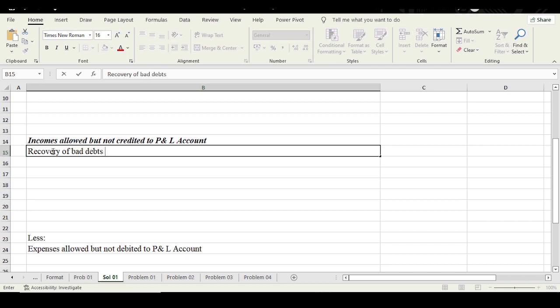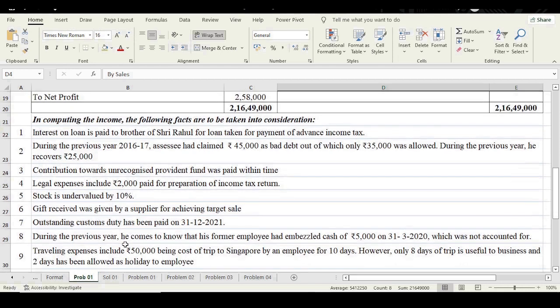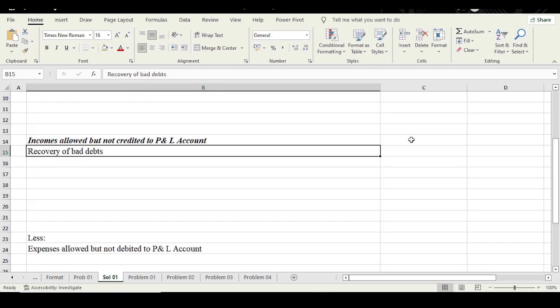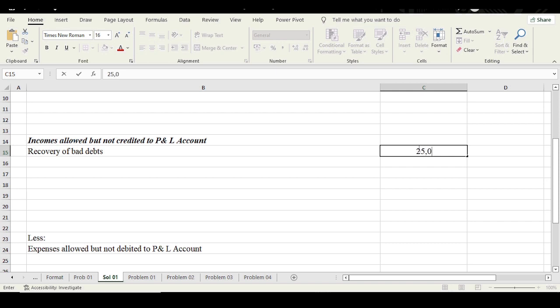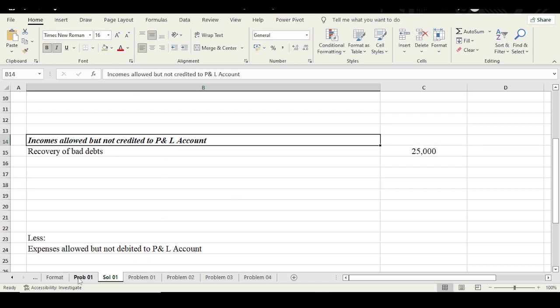How much amount is recovered? The amount that is recovered is rupees 25,000. He recovers rupees 25,000 that he has treated as bad debts. As such, this amount will be income allowed but not credited to P&L account.